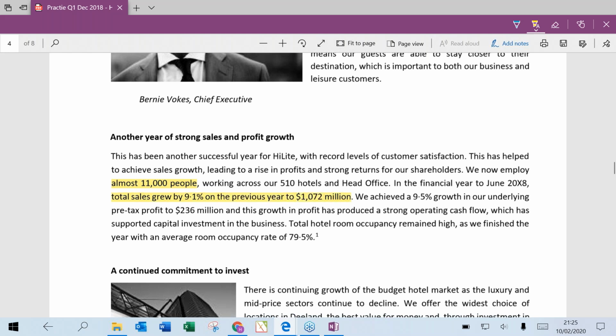Okay. We achieved a 9.5% growth in our pre-tax profit. Okay, some numbers. And this growth in profit has produced a strong operating cash flow, which has supported capital investment in the business.